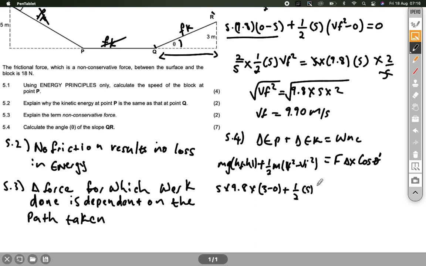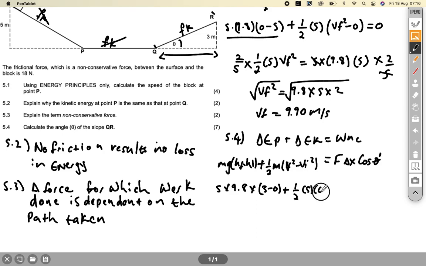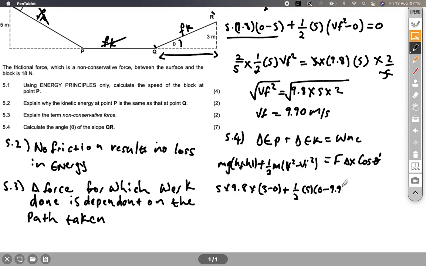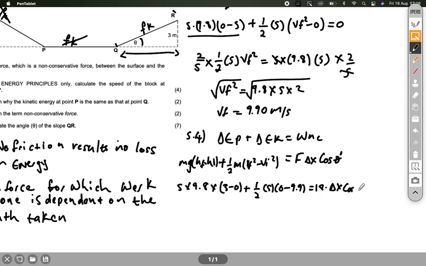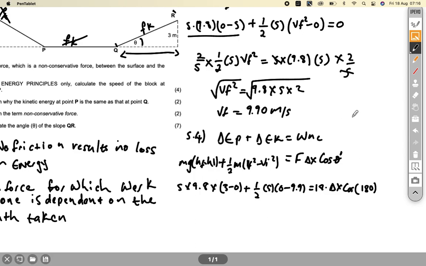And then our v final is 0, since it's going to come to a stop, minus our initial, which is 9.9, is equal to the force, which is 18 newtons, multiplied by the displacement we don't have. And then our cos of theta is going to be cos of 180, since our friction is acting in the opposite direction.